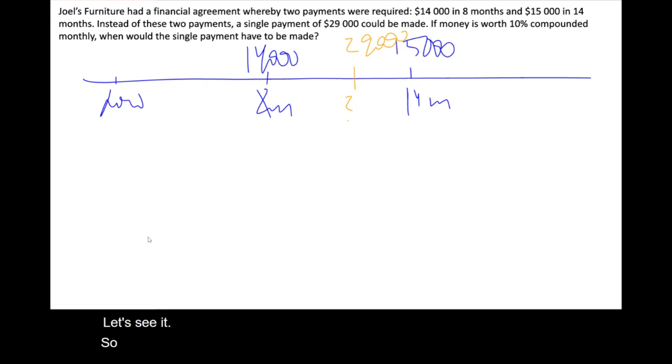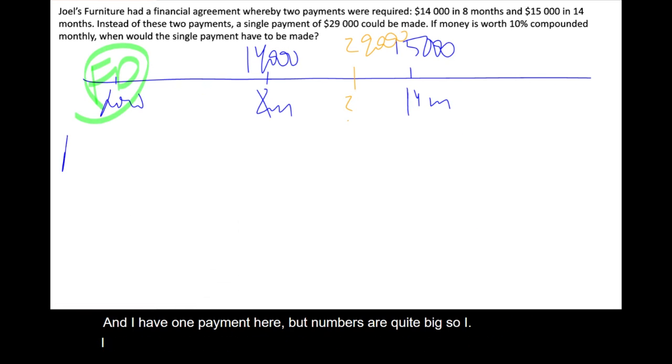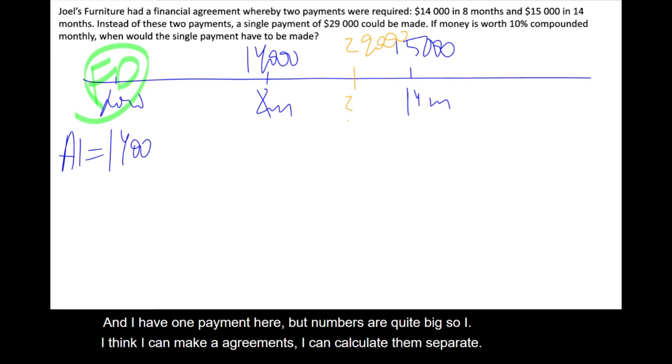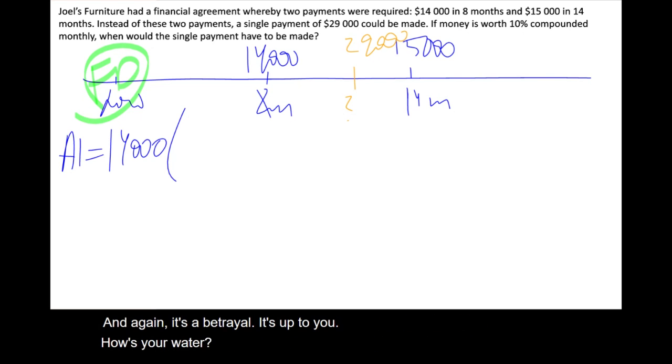So focal date is now, and I have one payment here, but numbers are quite big, so I think I can make agreements. I can calculate them separately. And again, it's arbitrary. It's up to you how you want it.